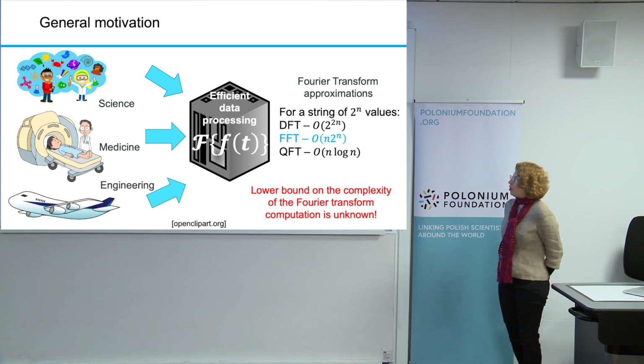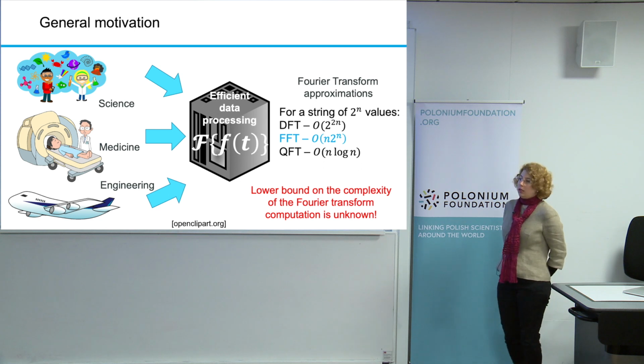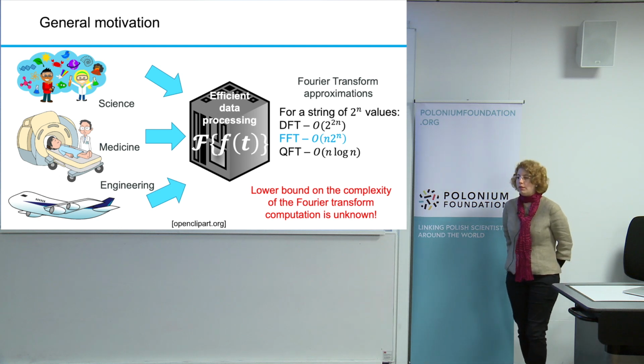There is also a known quantum version of the Fourier transform, QFT, which requires n log n gates to be used on a quantum computer. However, the lower bound on the complexity of the Fourier transform is an open question in computer science. So there is an open question of how fast we can process the data using something like the Fourier transform.